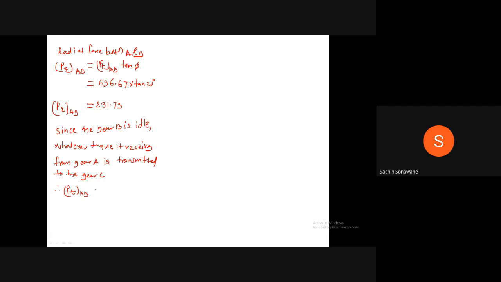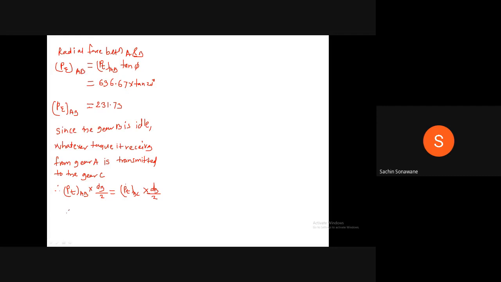Therefore, we can write PT, tangential force between AB, into dB by 2 is equal to PT, tangential force between B and C, into dB by 2.